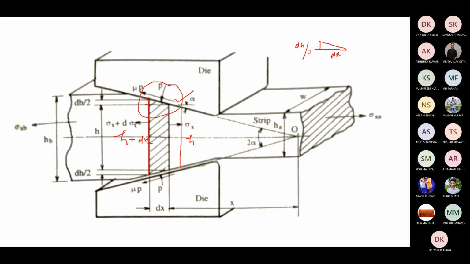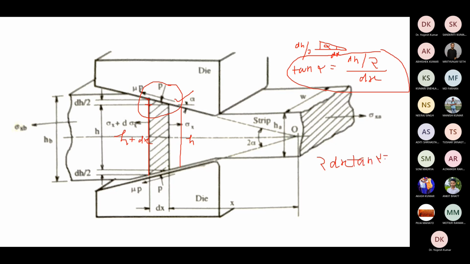Okay. So if you take the tan of this alpha, then how can you calculate tan alpha? Tan alpha will be dh/2 upon dx. Or if you simplify it, it can be 2 dx into tan alpha equal to dh.